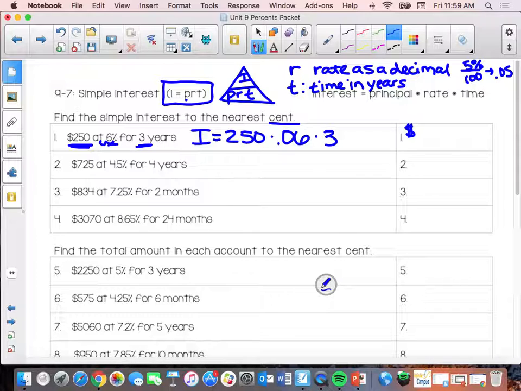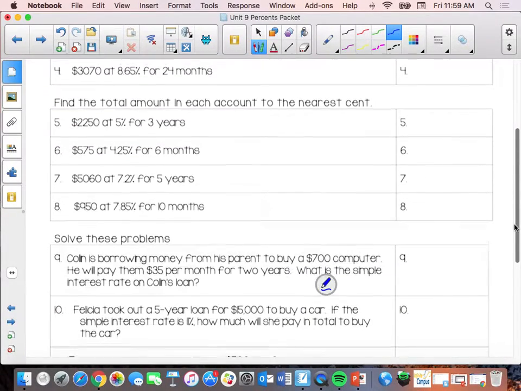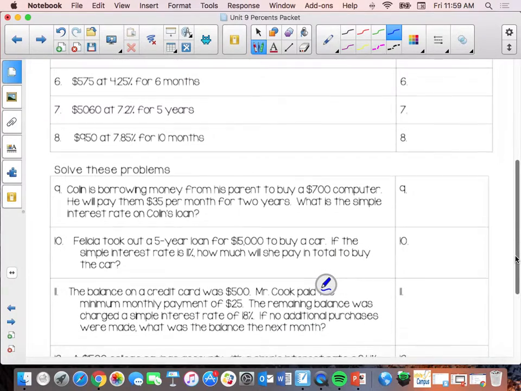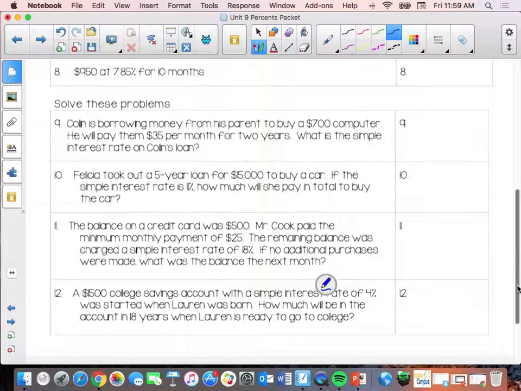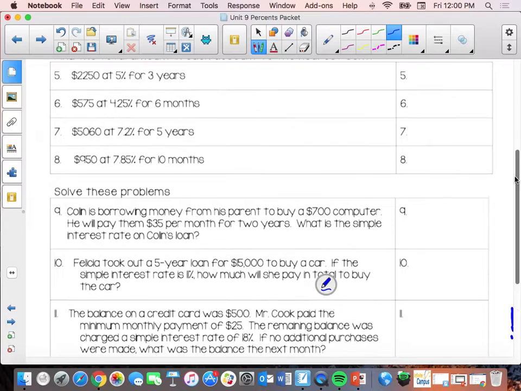Again, we're just plugging into this formula. For this, all I need to do is multiply these. Notice these are all on the same level of our triangle, so we're multiplying each of these. If you look down on your paper, you'll notice that some of these bottom ones give you the interest, and they don't tell you what the original amount is. If that's the case, then you might need to divide.